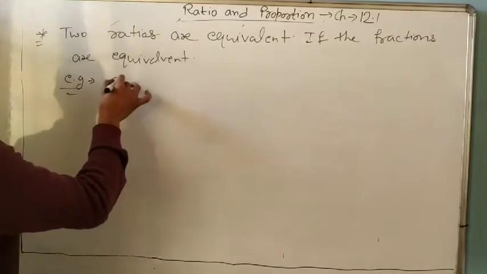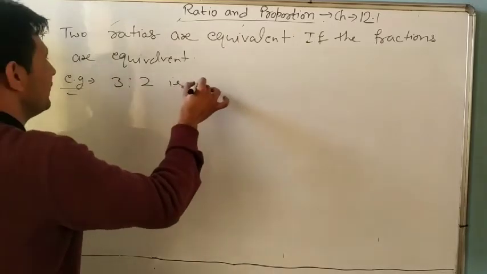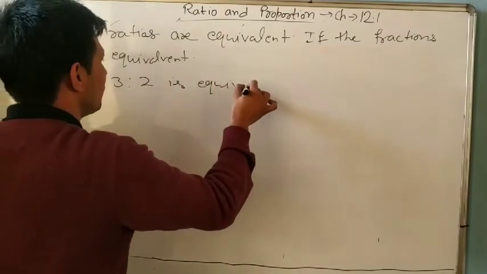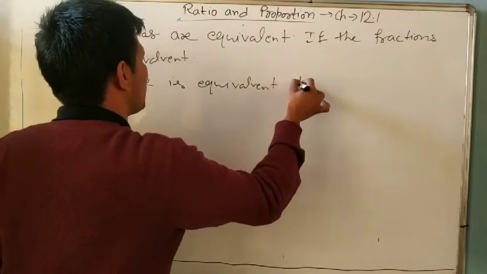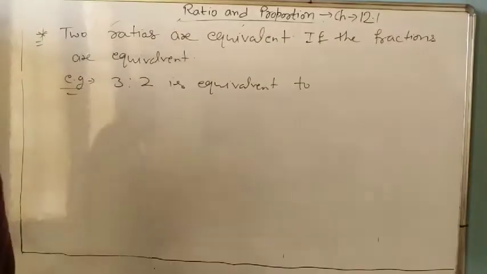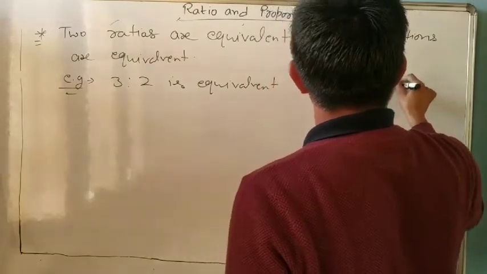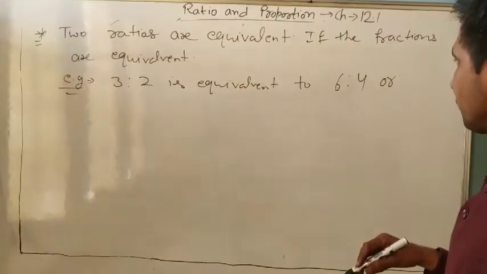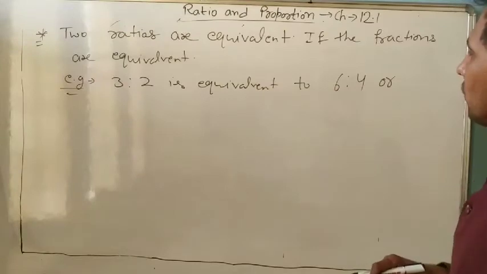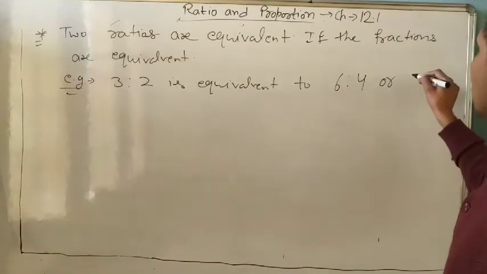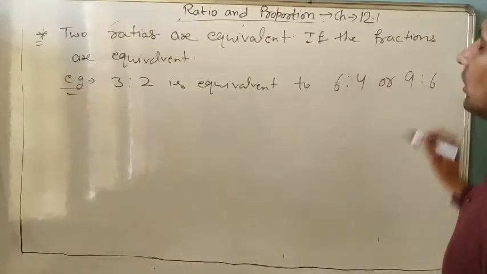Example you can remember: 3:2 is equivalent to 6:4, or 9:6.